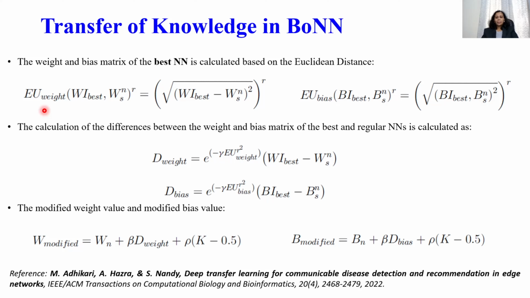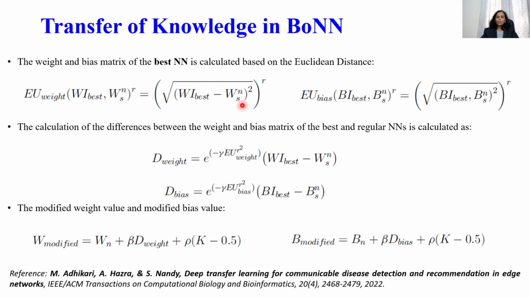The weight and bias matrix of the best neural network is calculated based on Euclidean distance between the regular neural networks in the bag. Here Wi best is the weight matrix of the best neural network. Bi best is the bias matrix of the best neural network. EU weight is the Euclidean distance of the weight matrix calculated between Wi best and WNS.